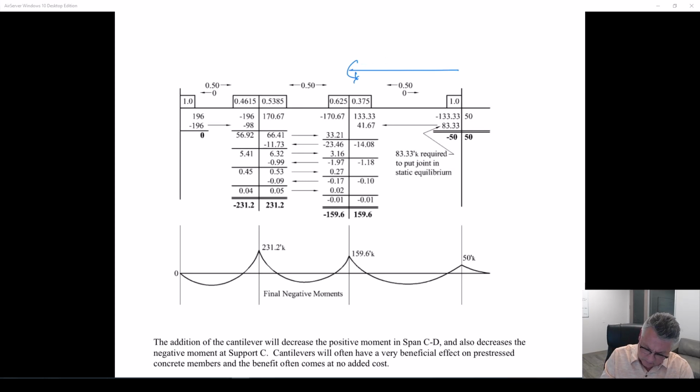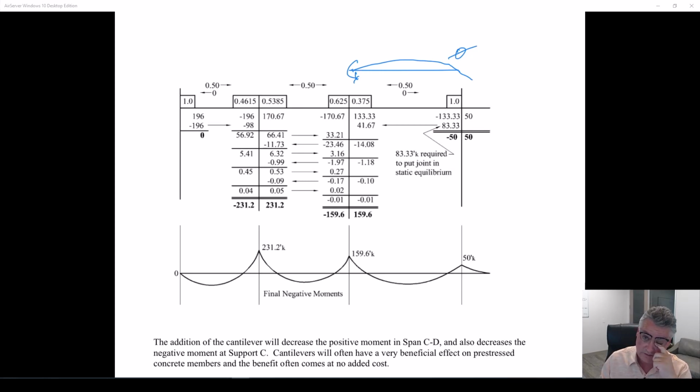I didn't even write that correctly. It's more like that. That was going to have no moment. It's still going to have no moment, even if I just stuck a piece on it. It's just hanging out and flapping in the breeze. So that's really the best way to think about it.